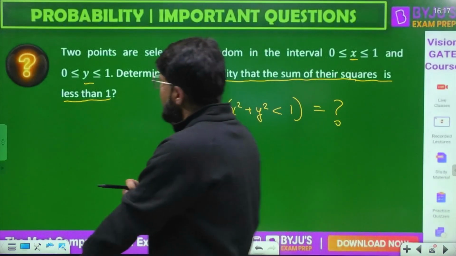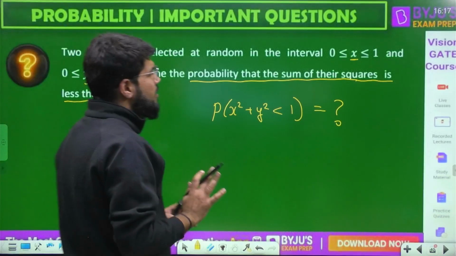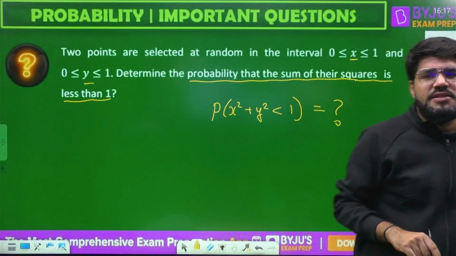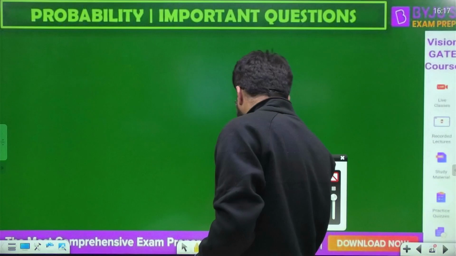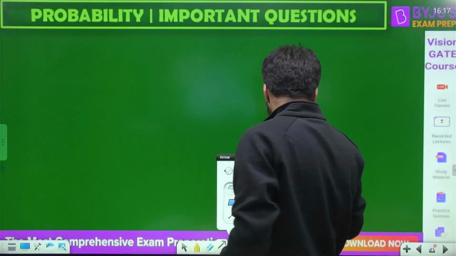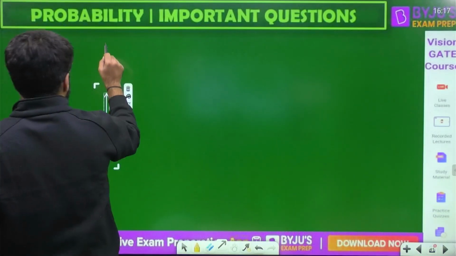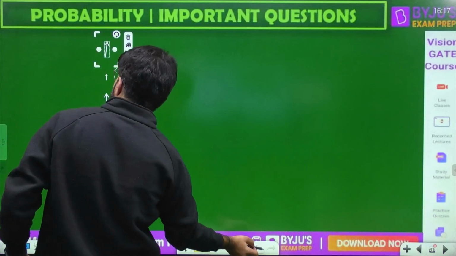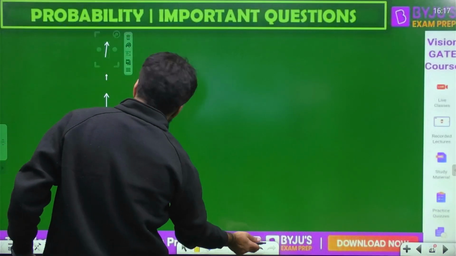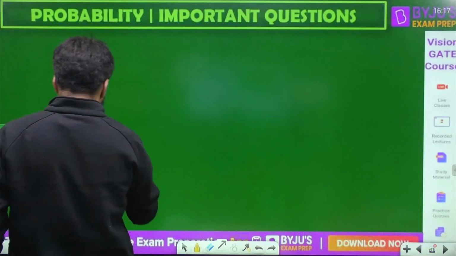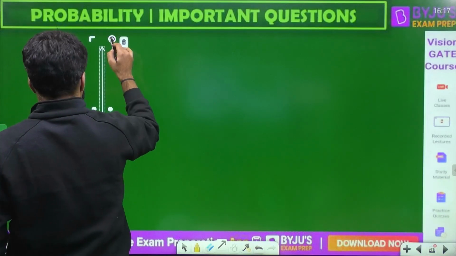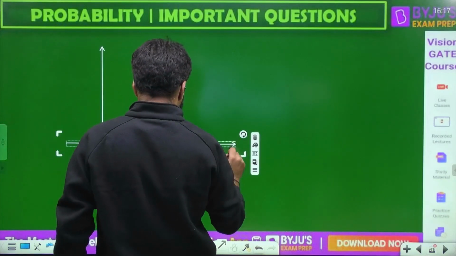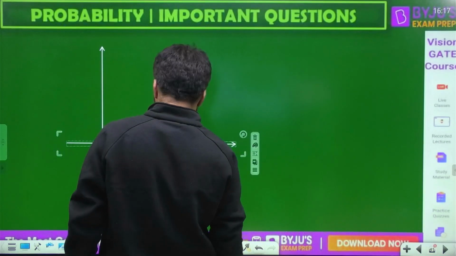Now how to deal with this? Two points are selected at random, x between 0 and 1, y between 0 and 1. If we imagine this problem geometrically, it becomes simple. Both x and y have the same range, 0 to 1.